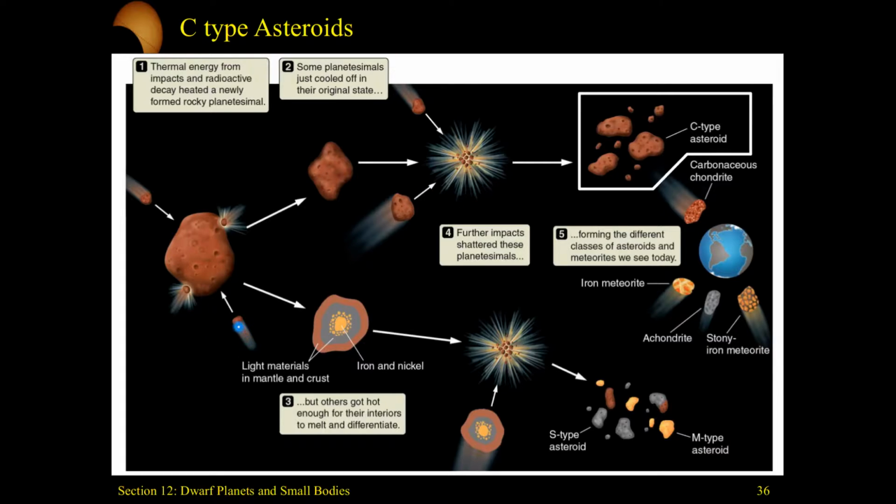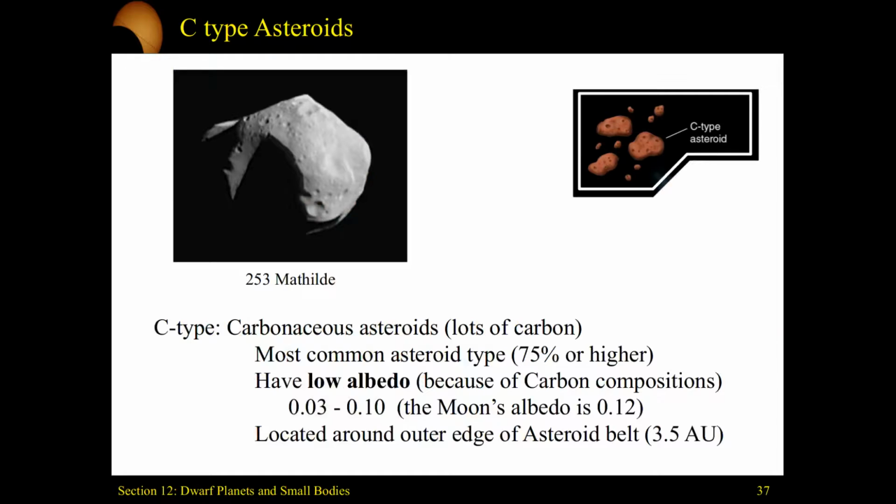Basically, instead of particles coming in and gluing together, it smashed it to smithereens. Now, the planetesimals that formed our C-type asteroids were not too massive. They were this limited amount of mass and formed the C's, the carbonaceous asteroids.